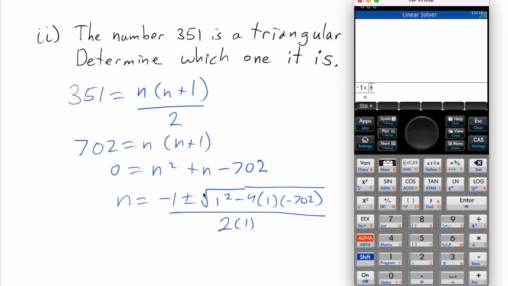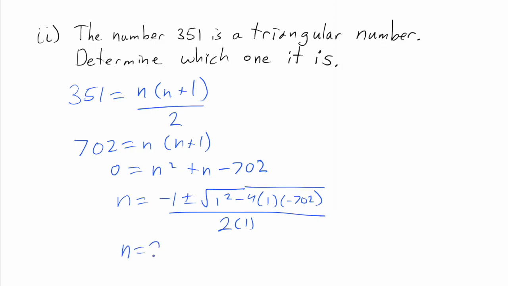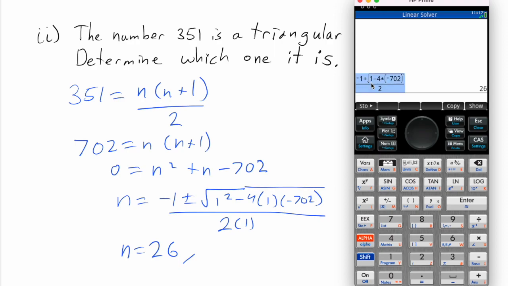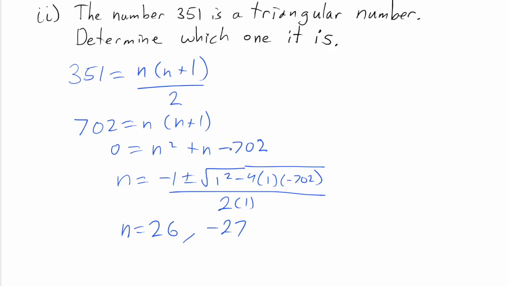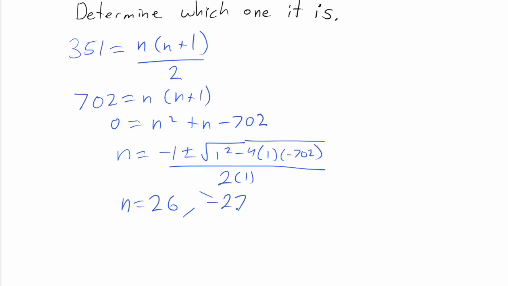I'm going to do the plus first, then the minus later. 1 minus, don't even need to simplify, just type in the numbers as they appear here. Okay, and then 2 on the bottom. That gives me 26. And if I put in a minus sign instead, okay, negative 27. But of course these are triangular numbers, so it cannot be negative 27. It's just n equals 26.